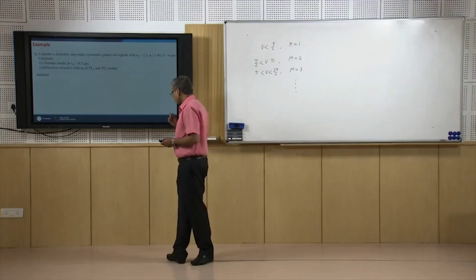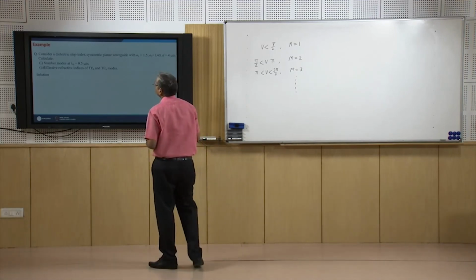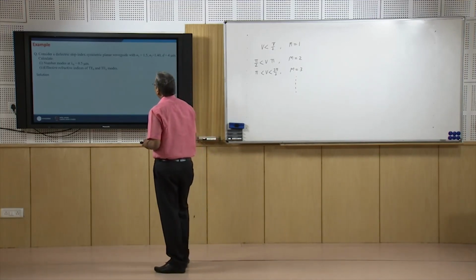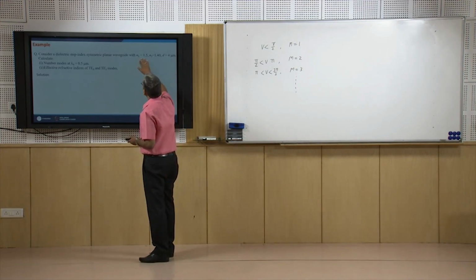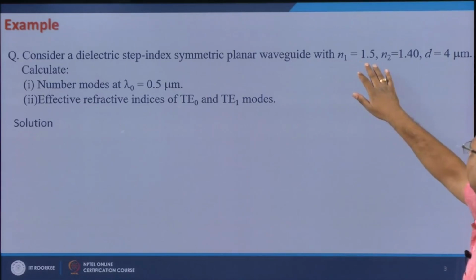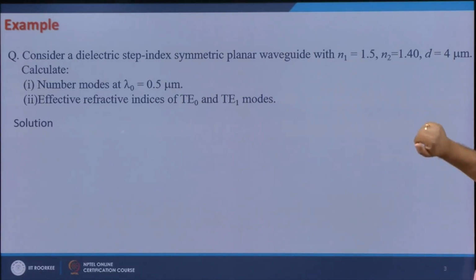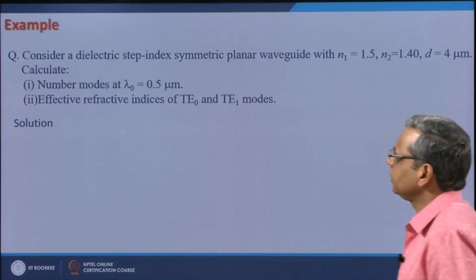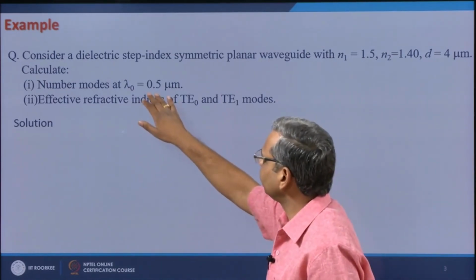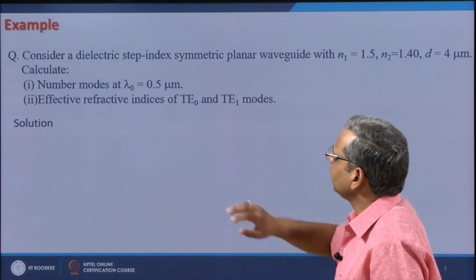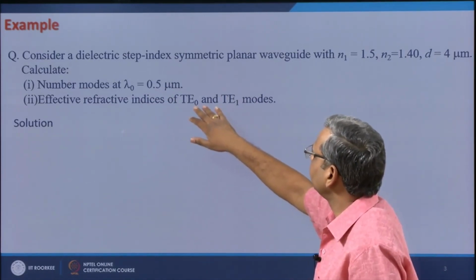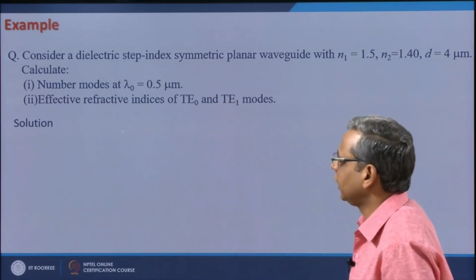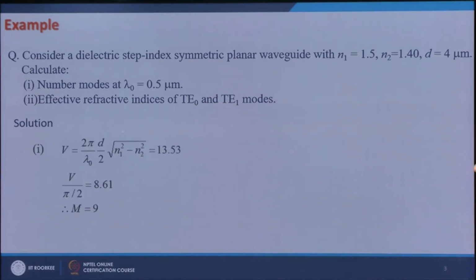Let us work out some more examples here. I consider a step index planar symmetric waveguide with n 1 is equal to 1.5, n 2 is equal to 1.4 and d is equal to 4 micrometer, and let us calculate the number of modes at 0.5 micrometer and the effective refractive indices of the TE0 and TE1 modes.